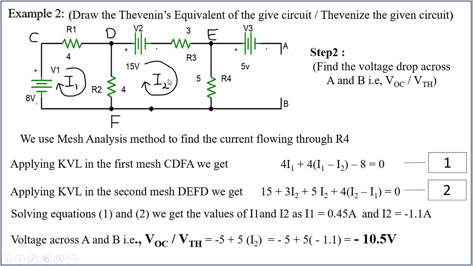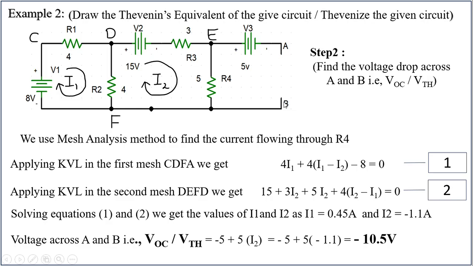I am interested in the value of I2 because the voltage drop across A and B is equal to the voltage drop across this plus this. Just like the distance between these two points is from here to here, then to here, then to here, because there is no route from A to B directly.